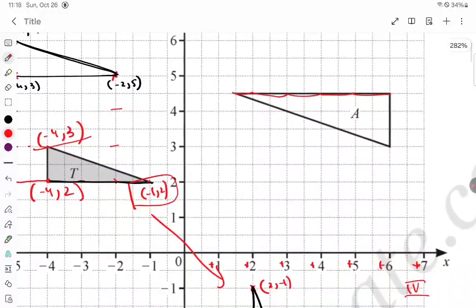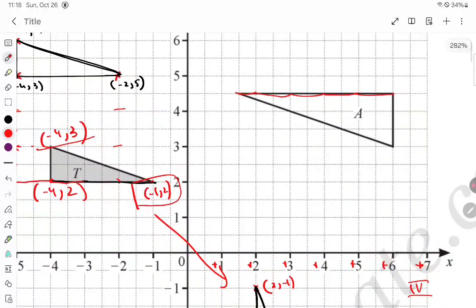If we talk about the boxes, this is 1, 2, 3, 4, 5, 6 boxes, and here 1, 2, 3, 4, 5, 6, then 3 more, 6 plus 3, and the 3 is half of the 6.